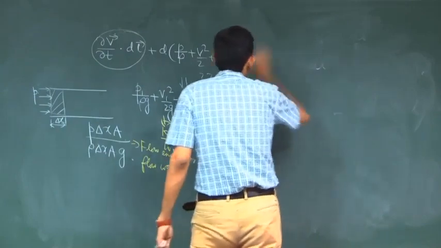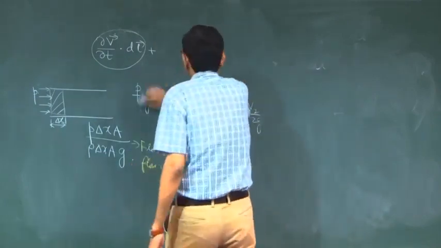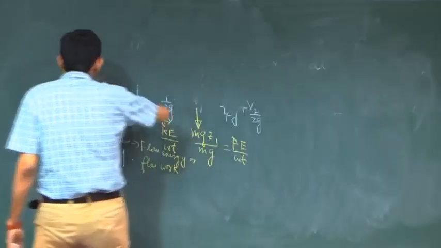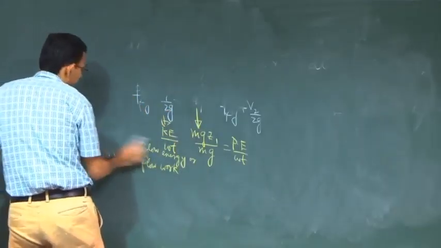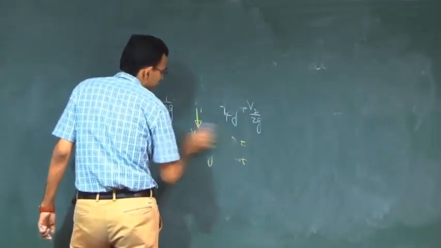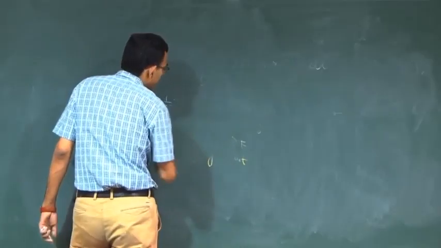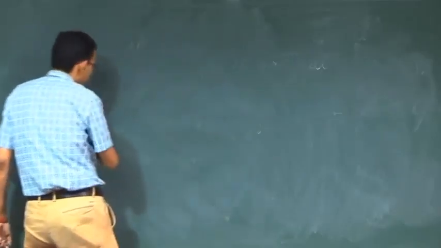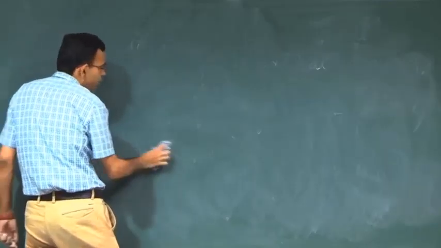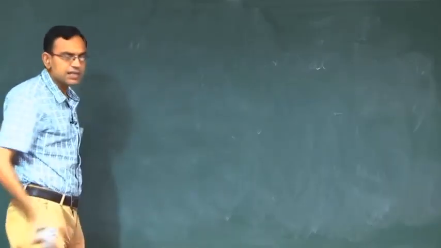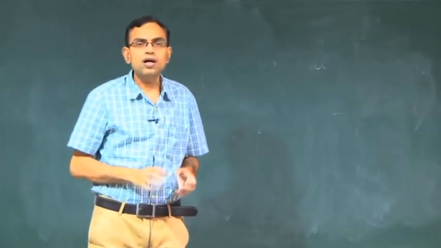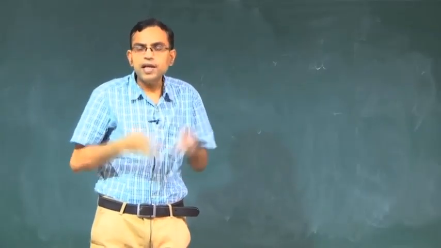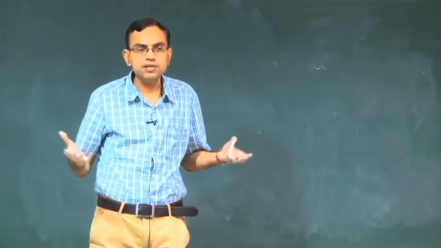With this background on Bernoulli's equation and Euler equation, let us try to work out a representative problem which will illustrate some of the very basic concepts of this. I remind you that in the lecture classes we may not be able to cover many problems because of the time constraints.